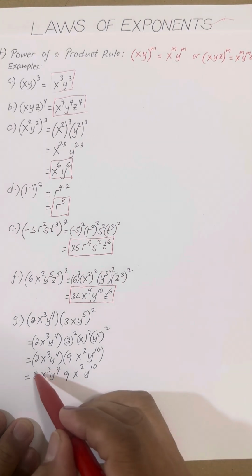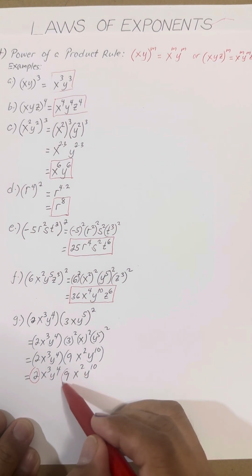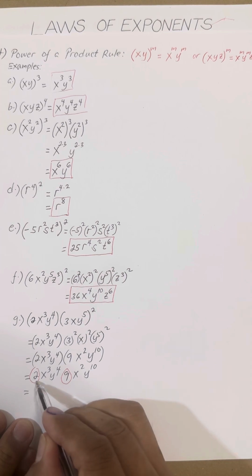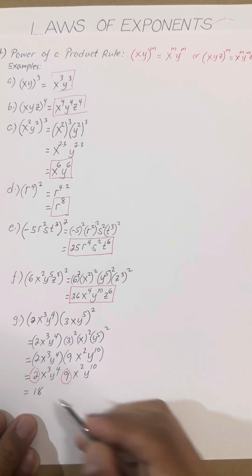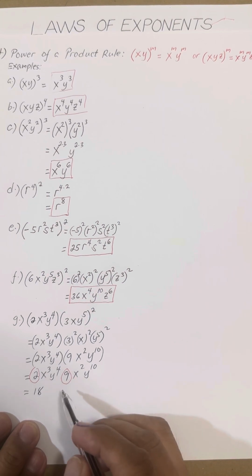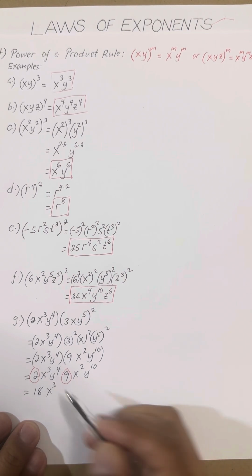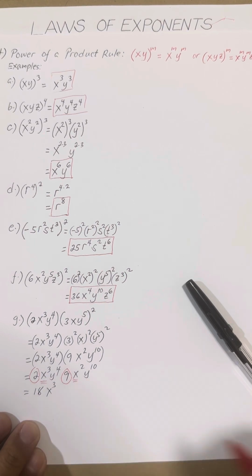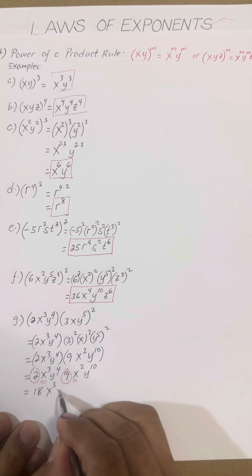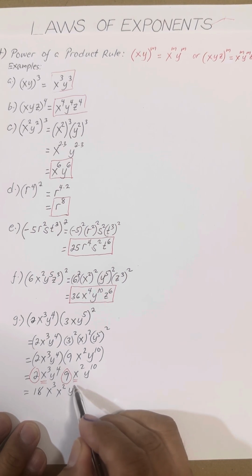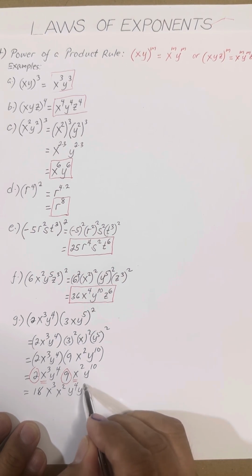And then deal with the numerical coefficients. So let's multiply the numbers, the numerical coefficients. 2 times 9 is 18. And then apply the rules or the laws of exponents. So we have x cubed and x squared, then we have y to the 4th, then we have y to the 10th power.